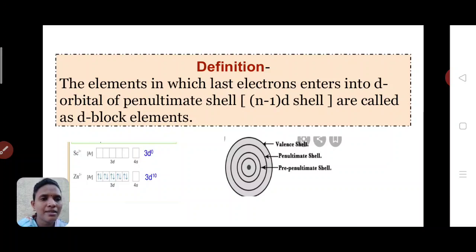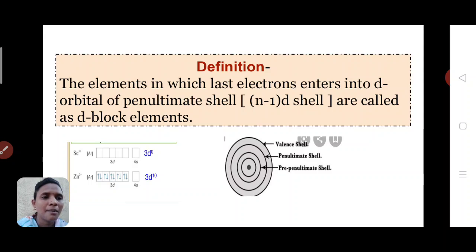See in the image that the penultimate shell is the second last shell. Second last means the last shell is the valence shell and the second last one is the penultimate shell. If the valence shell has the fifth energy level, then the penultimate shell will have the fourth energy level, that is n minus 1.